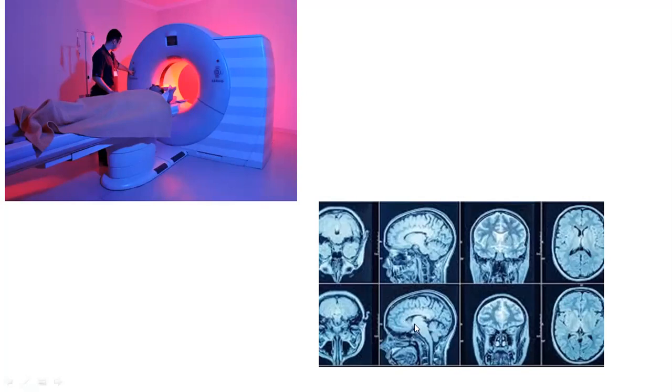These are taken in the sagittal plane, and these two images are taken in the coronal plane. So in MRI, we can do the images in three planes of a structure.